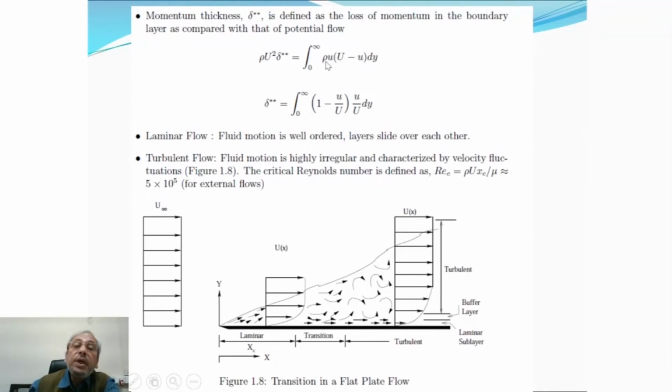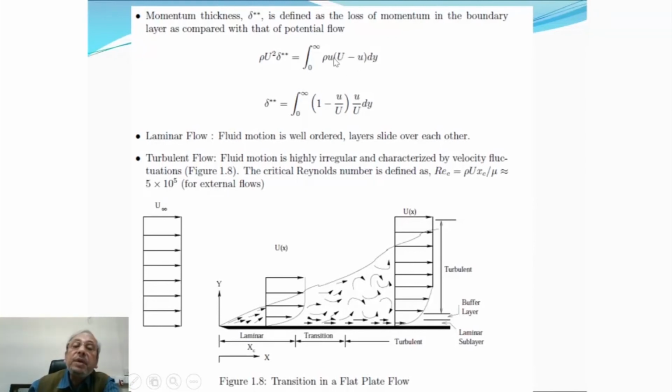This is the local velocity, and this is rho, and multiplied by the flow area it becomes the volume into rho, which is mass, and this is the velocity.